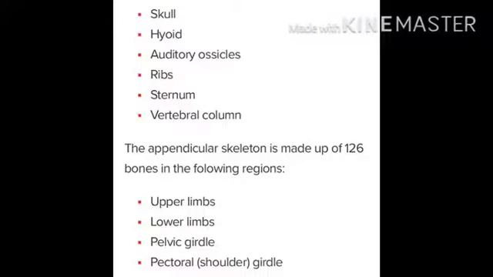It includes skull, hyoid, auditory ossicles, ribs, sternum, vertebral column. The appendicular skeleton is made up of 126 bones in the following regions: upper limbs, lower limbs, pelvic girdle, pectoral or shoulder girdle.